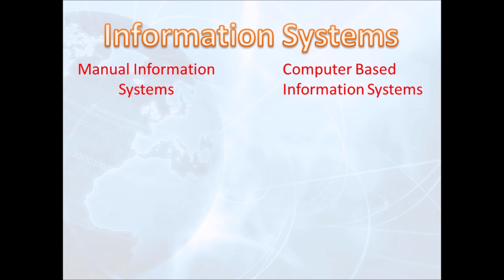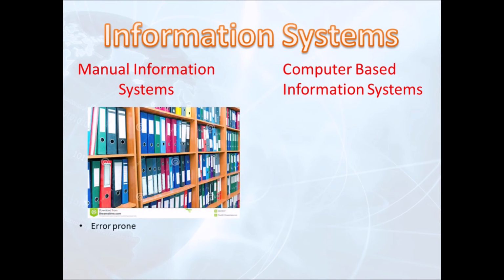Now let's consider manual information systems first. All the tasks relevant to storing of information are done manually, so it is error-prone because of human weaknesses. Less efficient data processing, of course, because people are working, so there can be errors, and also to store data and retrieve data, it takes a lot of time.